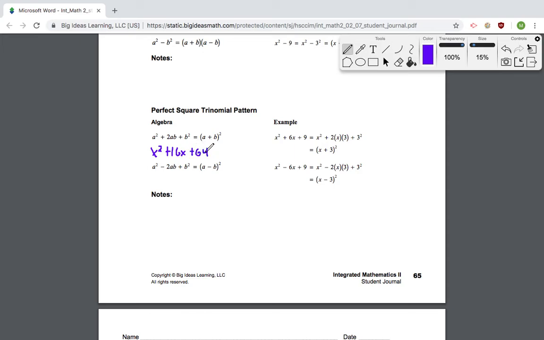You would just say, okay, what's the square root of x squared? x. And what's the square root of 64? 8. And that's basically it. So that'll be number 13.